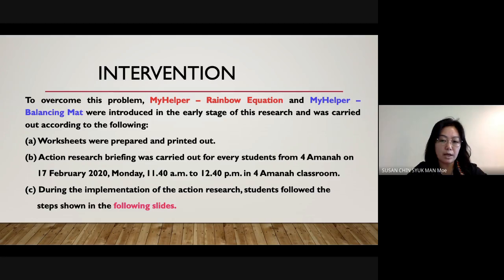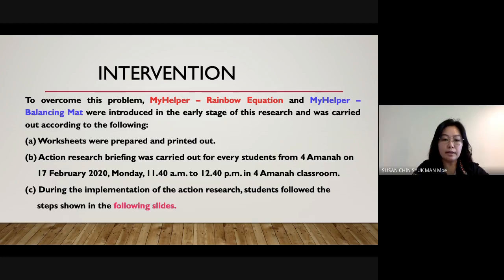So we had a 1 hour session. We used about 5 minutes to introduce Myhelper-Rainbow equations and Myhelper-Balancing Math and the simple rules and regulations of playing this game. After that, the remaining time was for students sitting together in groups and playing the games.